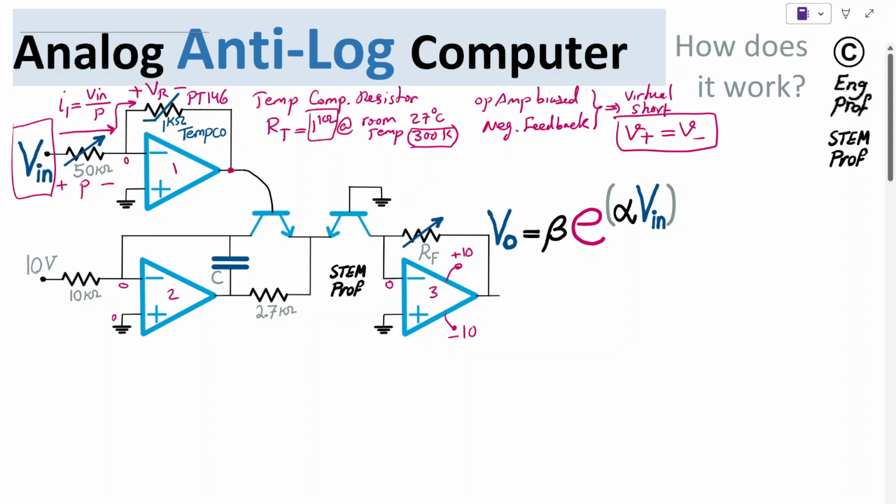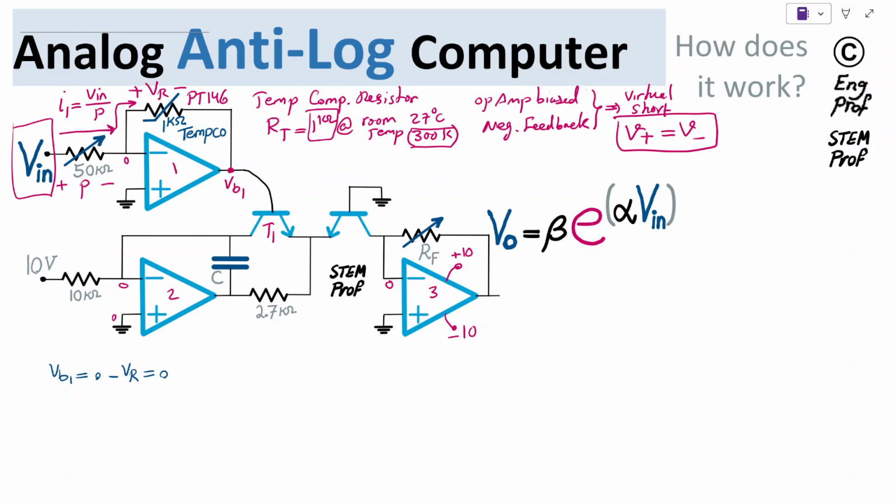and that allows us to compute the voltage at the output of the op-amp, which happens to be at the base of transistor 1. So this is basically VB1 for transistor 1. We are at the base of that transistor. Okay, how do we do that? We can write VB1 is equal to 0, that is on the left side of the Tempco resistor, minus the voltage drop across that Tempco resistor.